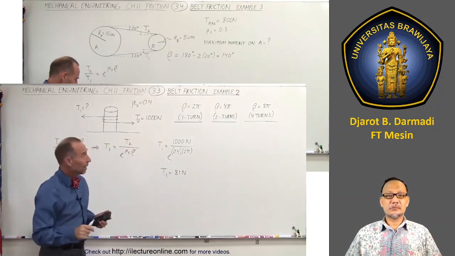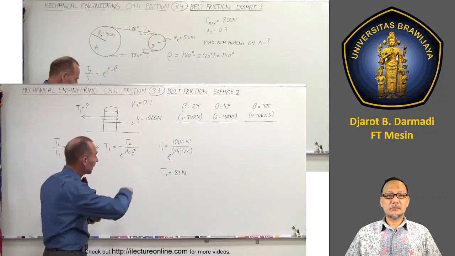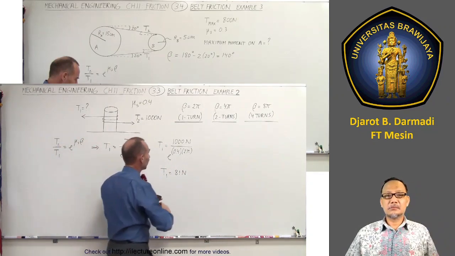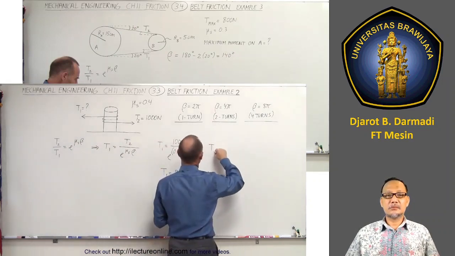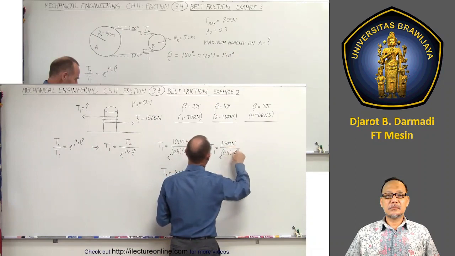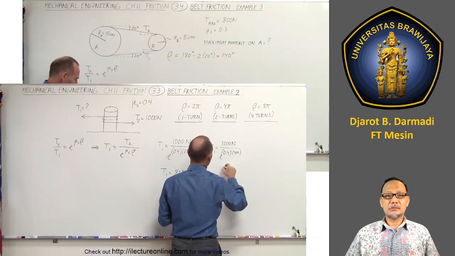Okay, what we're going to do now is do it again, but now we take 2 turns around the post and see what happens. All right, so that gives us T1 is equal to 1,000 newtons divided by e to the 0.4 times 4 pi.